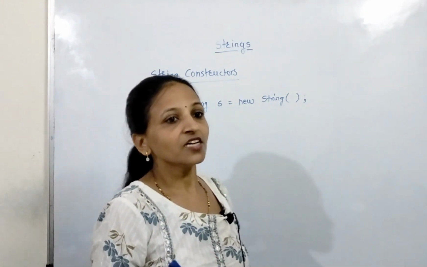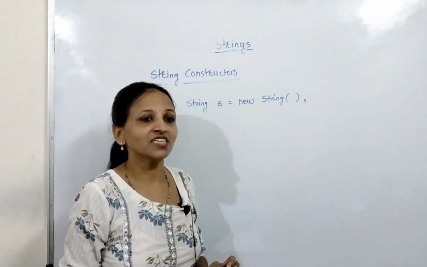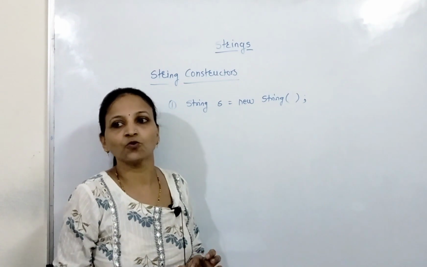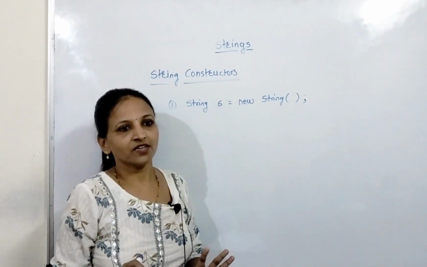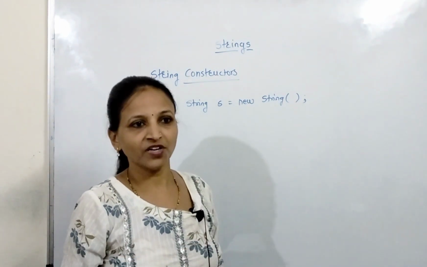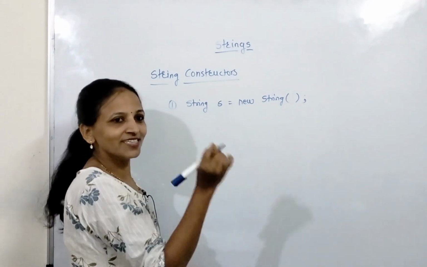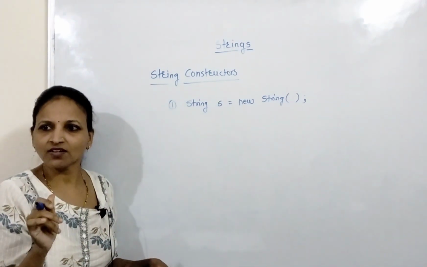Here a string which has no characters in it, means a string with length 0, will be created. Not like that here this S will have null in it. No, it will not have null. It will have an empty string object. Getting?